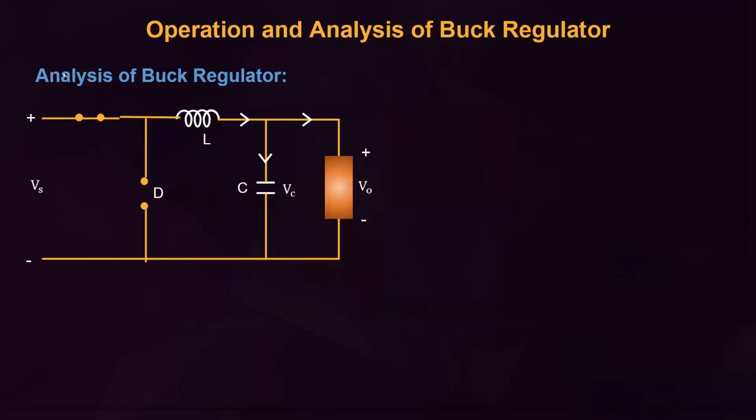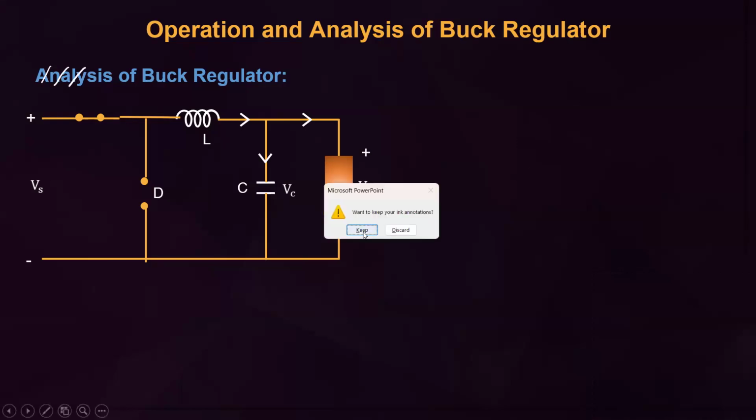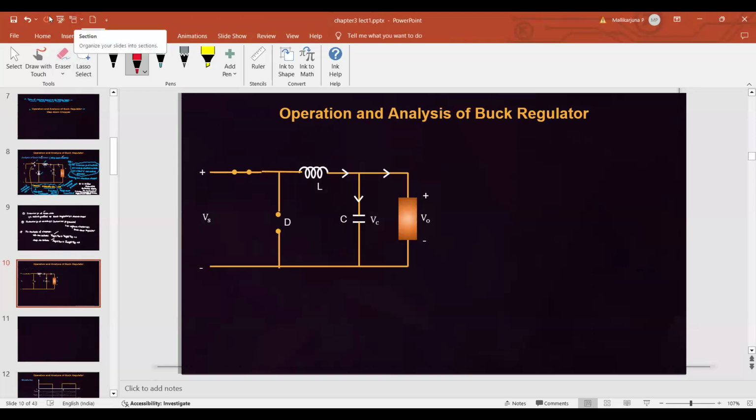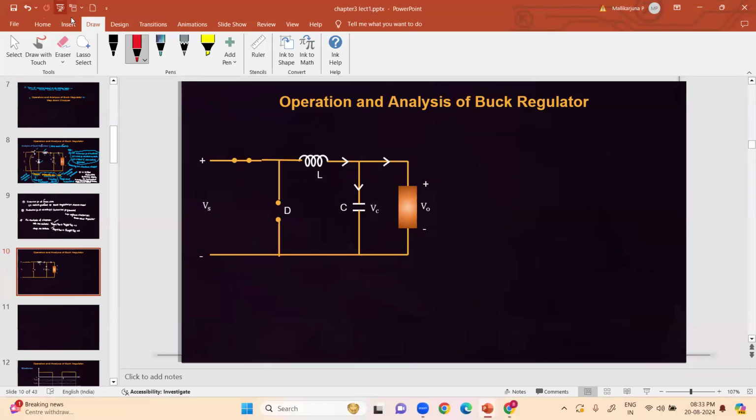One operation is nothing but one on and one off. Chopper on, what are the observations? Chopper off, what are the observations? Then after that, you have to derive the different formulas.